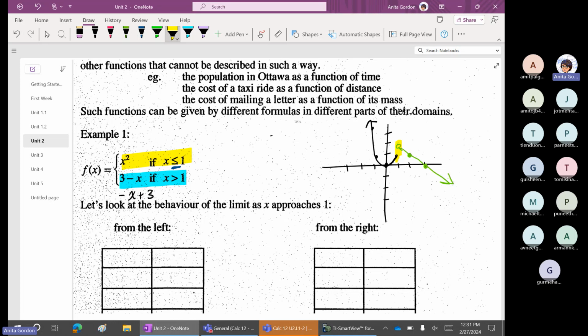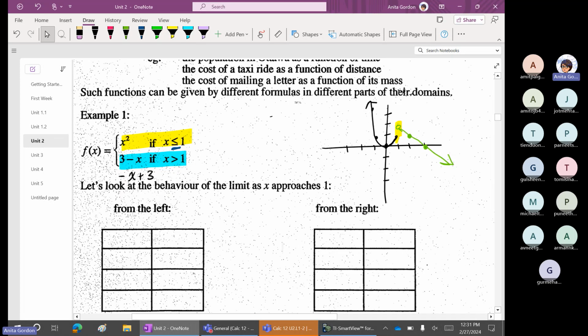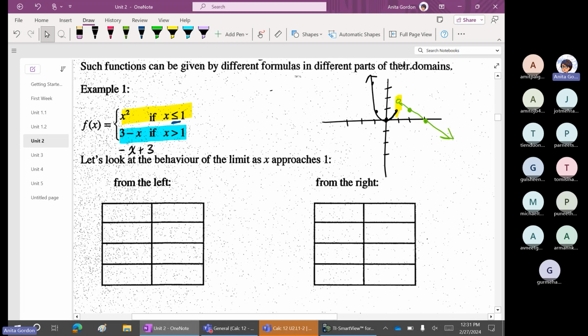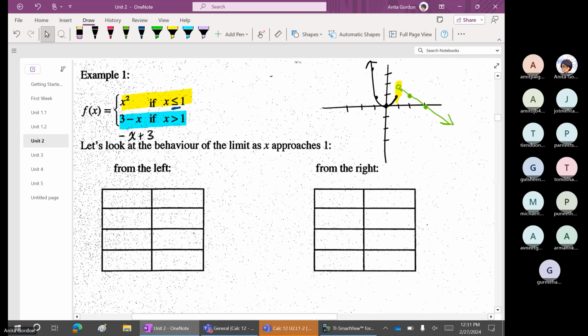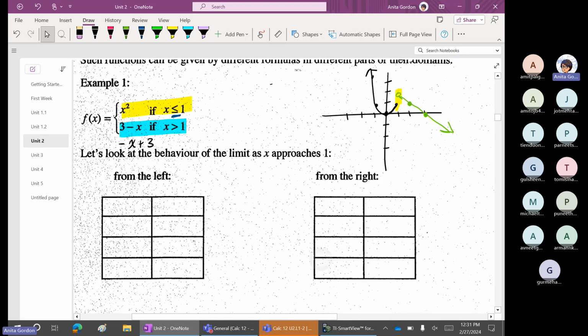But I can say what is the derivative from the left of a key point and what is the derivative from the right. And it's going to be the same process that we did before. So we're going to just look at what is the function at a particular point.